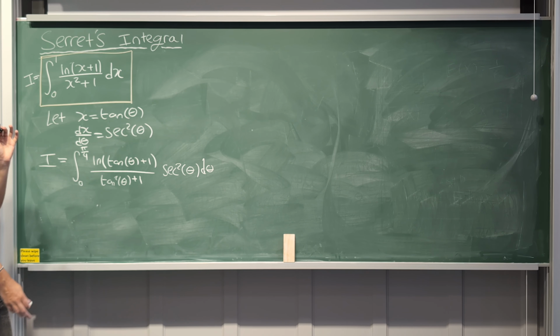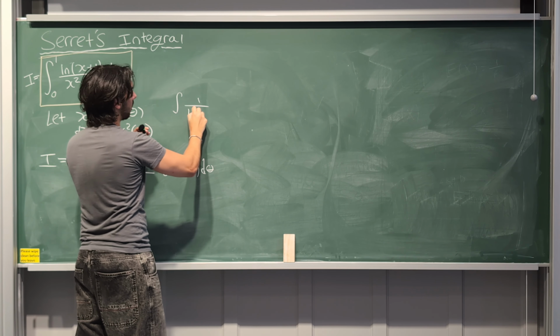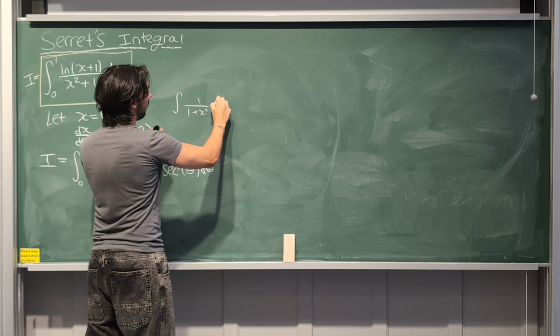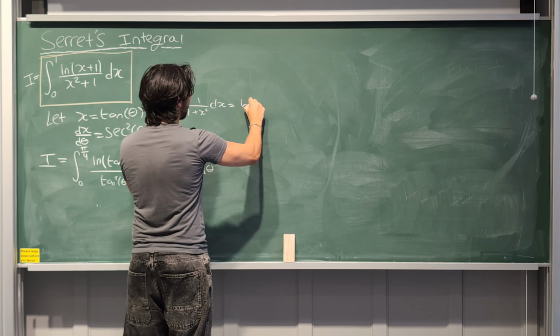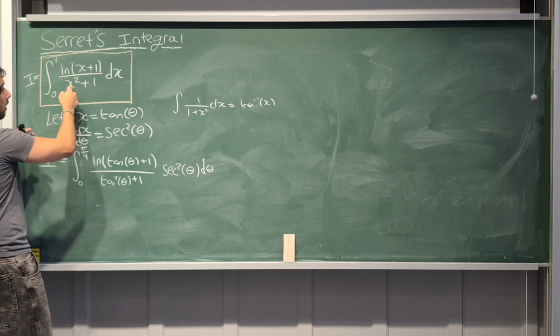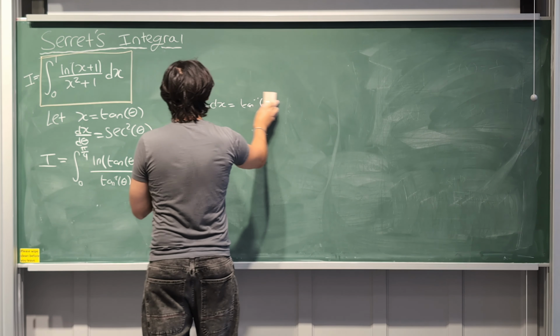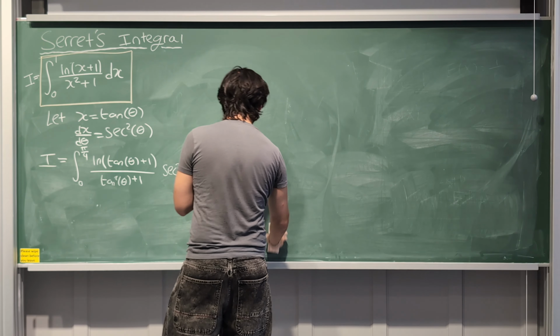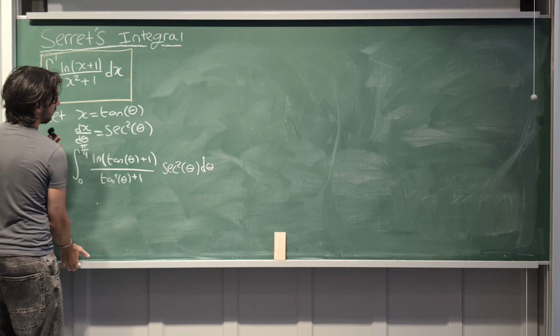That's kind of random. But if you remember that the integral of 1 over 1 plus x squared on its own is just inverse tan of x, so we have 1 over x squared plus 1. It doesn't mean that's instantly what you should do, but it's kind of a hint. It's not complete madness, I guess.